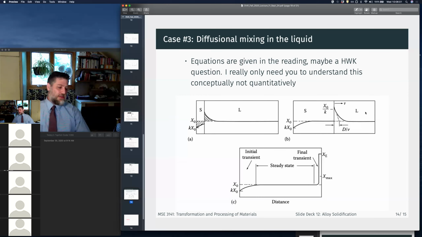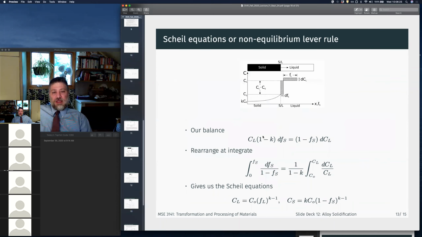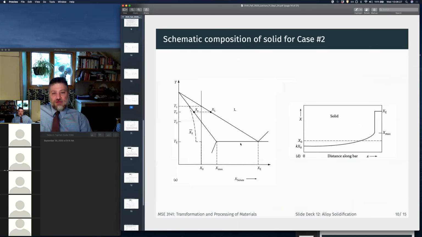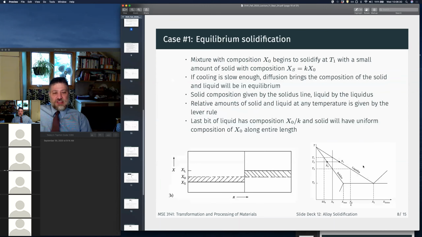I'm just trying to make sure I understand these figures. So A is the compositional gradient basically right when it starts solidifying, correct? Yep. B shows the gradients after it's been going on for a while and until it managed to reach X naught over K, which would be at temperature equals what? In this case, your phase diagram, it's T3, right?